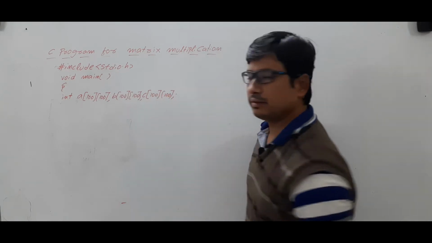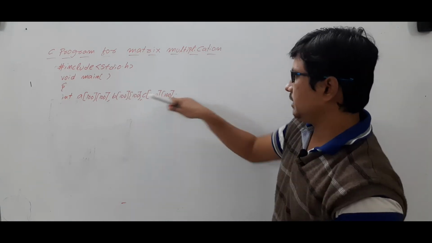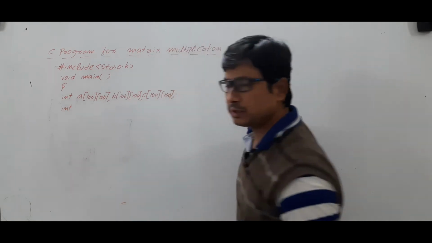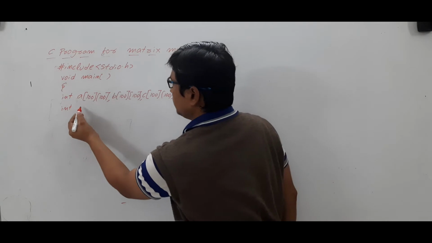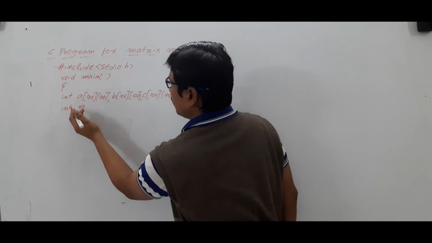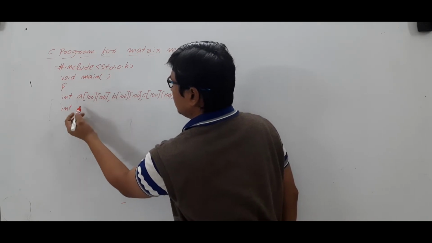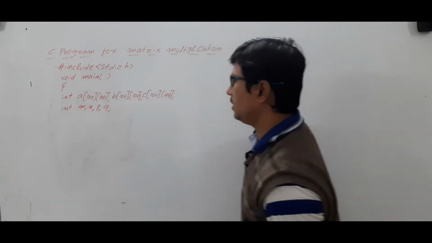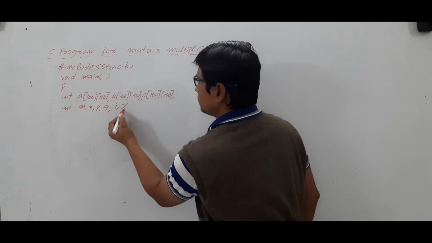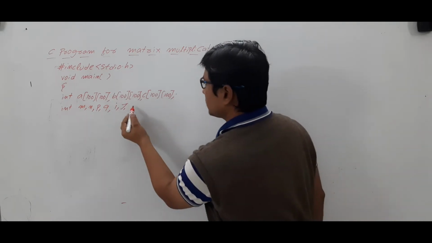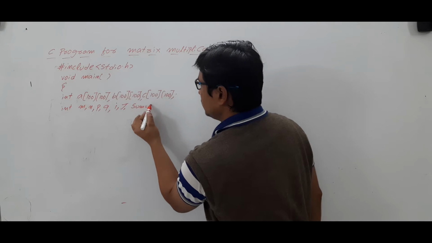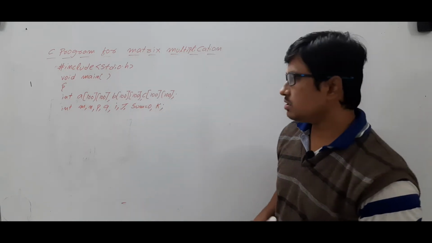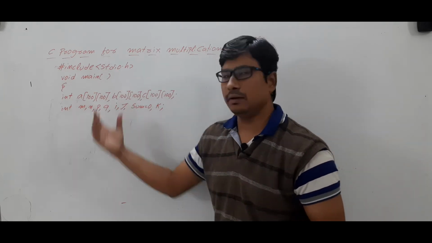Now I am declaring the normal variables which are integers: m, n, p, q, i, j, and I will take sum is equal to 0, and a variable called k.